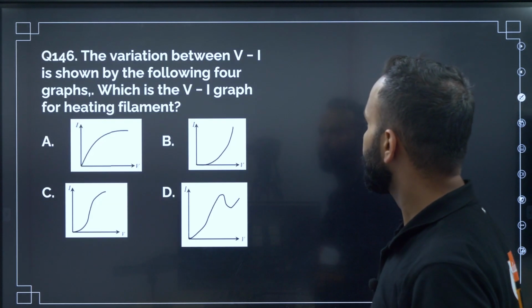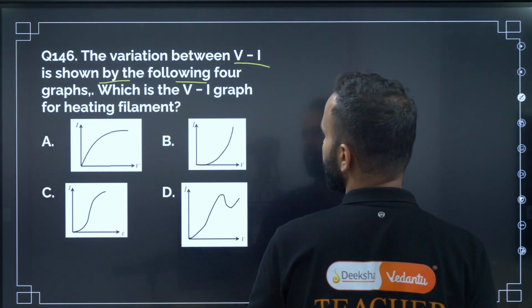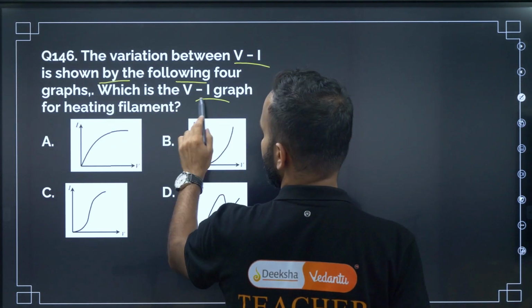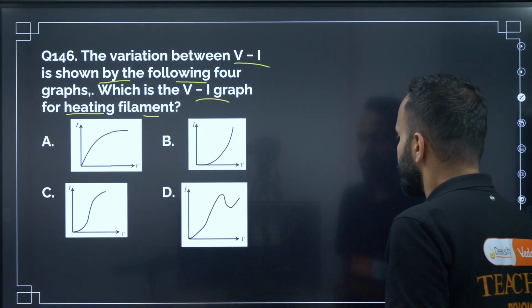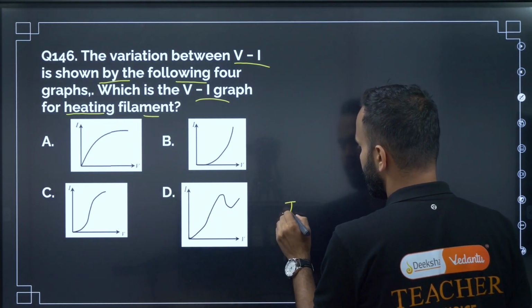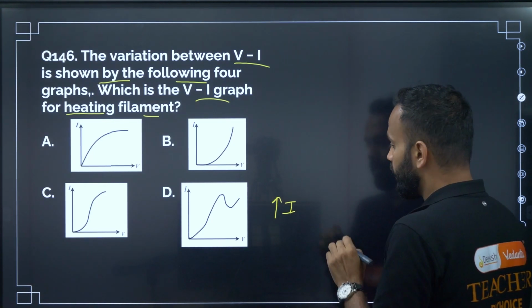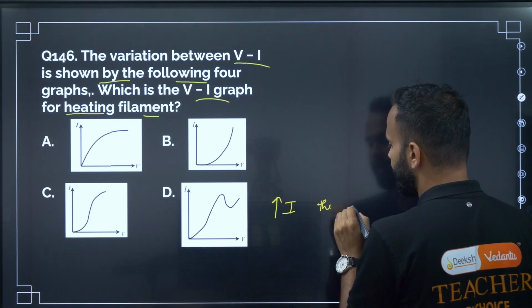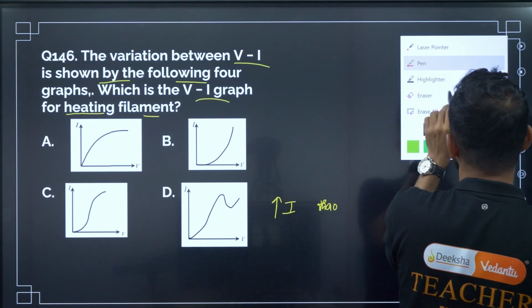Yeah, question number 146. The variation between V and I is shown by the following 4 graphs. Which of the V-I graphs is for a heating filament? Okay, so when you increase the current in the wire, what happens? There will be more heat, right?